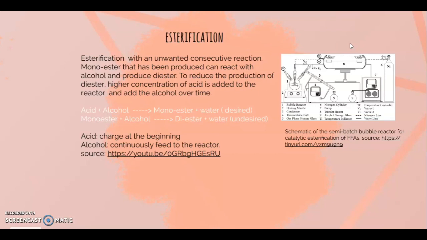To reduce the production of diester, a higher concentration of acid is added to the reactor and we add the alcohol over time. In this reaction, acid is charged at the beginning of the process, while the alcohol is continuously fed to the reactor.